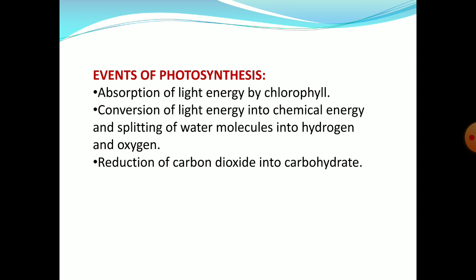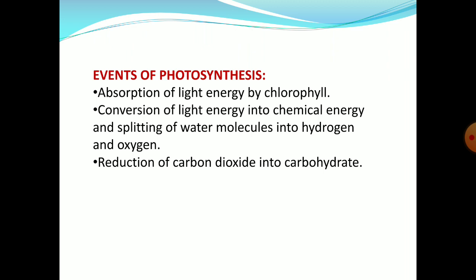Now let us see events of photosynthesis. What happens during the process of photosynthesis? There are three steps. First is absorption of light energy by chlorophyll. Second is conversion of light energy into chemical energy as well as splitting of water molecules into hydrogen and oxygen.